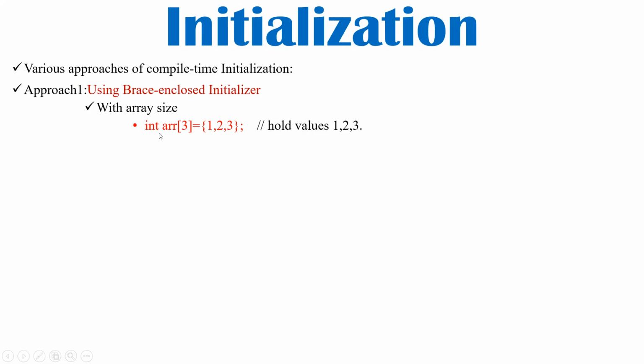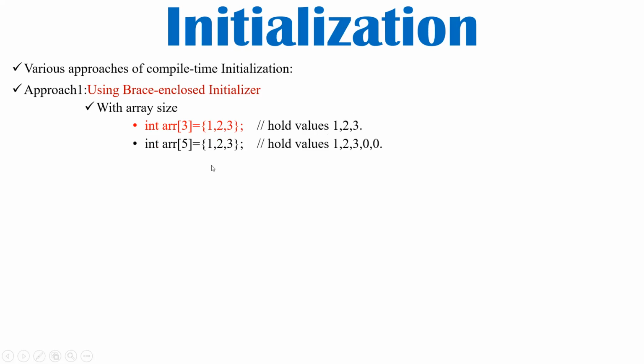Here we have int array variable name ARR, size is 3. It means at the maximum, I can store 3 values. Within the braces, I have given 3 values, 1, 2, 3. It means the array is initialized with the values 1, 2, 3.